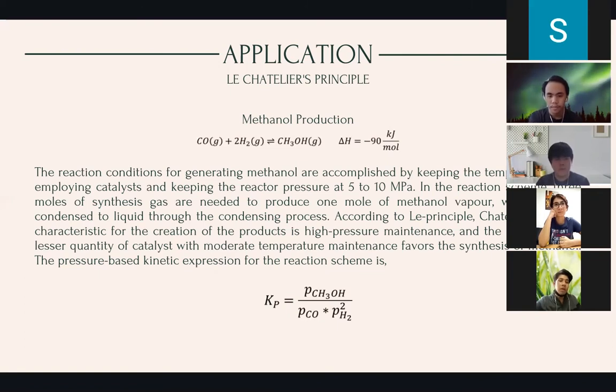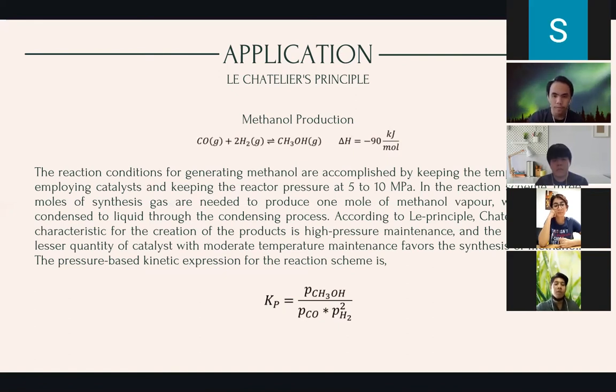And the inclusion of a smaller amount of catalyst with moderate temperature maintenance favors the product formation of methanol. And as you can see down there is the kinetic expression, which is based on the pressure. So I guess that's it.